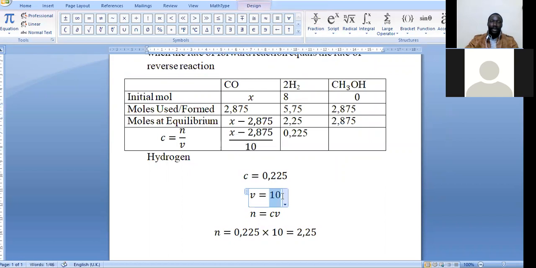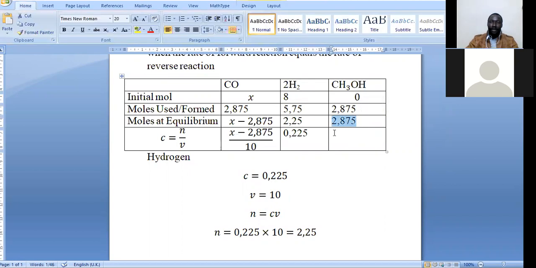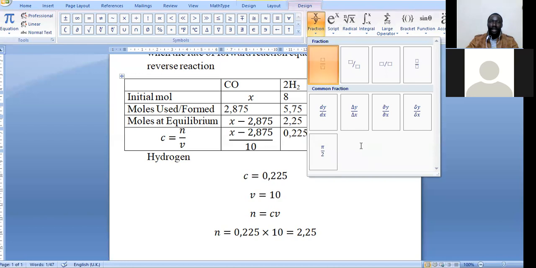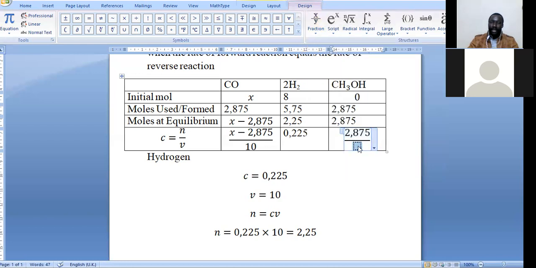Yeah, so now, from that, what do we have here? We also deal with the same thing. It's going to be the number of moles, 2.875, at equilibrium, divided by the volume, which is 10. When we do that, what do we get?